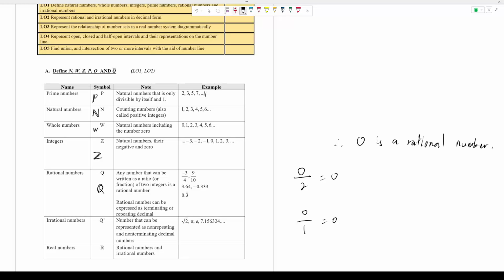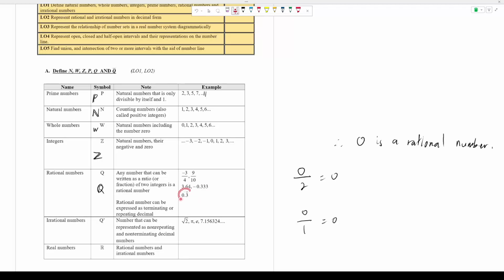So the other common examples are negative 3 over 4, 9 over 10. So basically, you can represent them as a fraction. 3.64 is a rational number because a rational number can also be expressed as terminating, which means the decimal stops, or repeating decimal such as negative 0.33333.